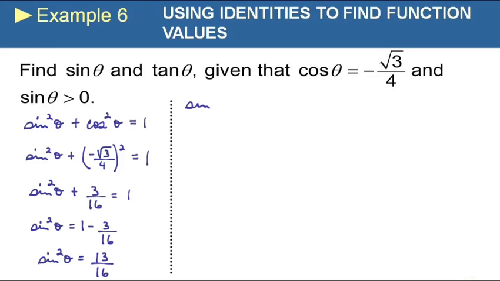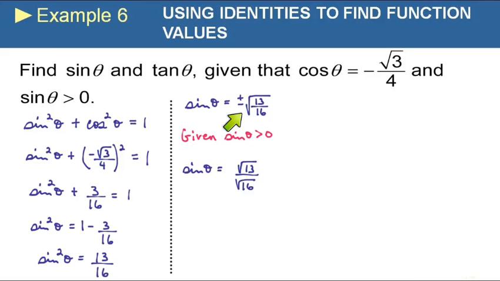Now do the square root of both sides. Normally doing the square root of both sides would require us to put in this plus or minus, but they told us in the problem that sine was positive. So I'm going to go ahead and choose the positive sign and throw out the negative.